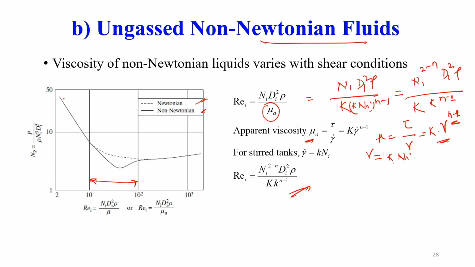So if Reynolds number is not falling in the range of 10 to 100, then we can directly calculate following the calculation we discussed for the Newtonian fluid. Only in this range we have to calculate this modified Reynolds number, then we need to read the value of power number and we have to calculate the power requirement.